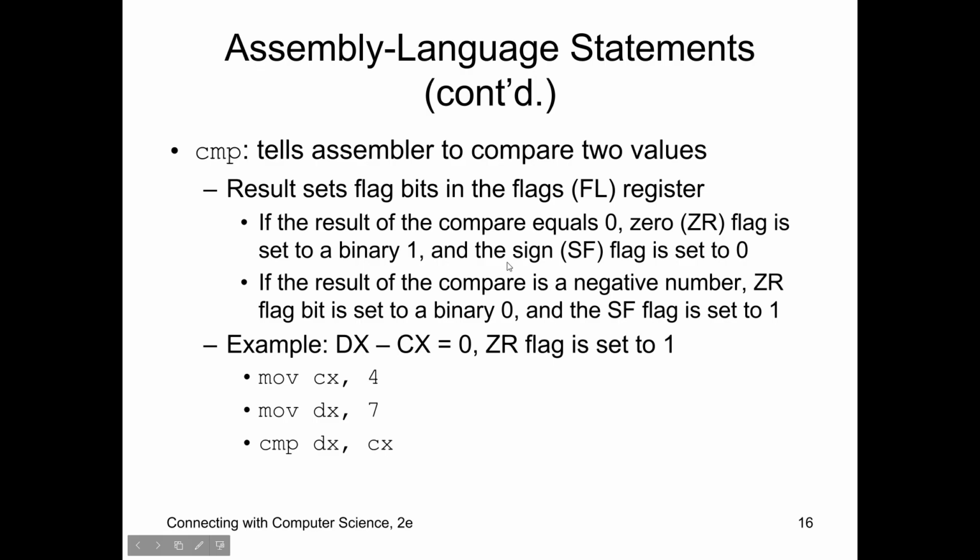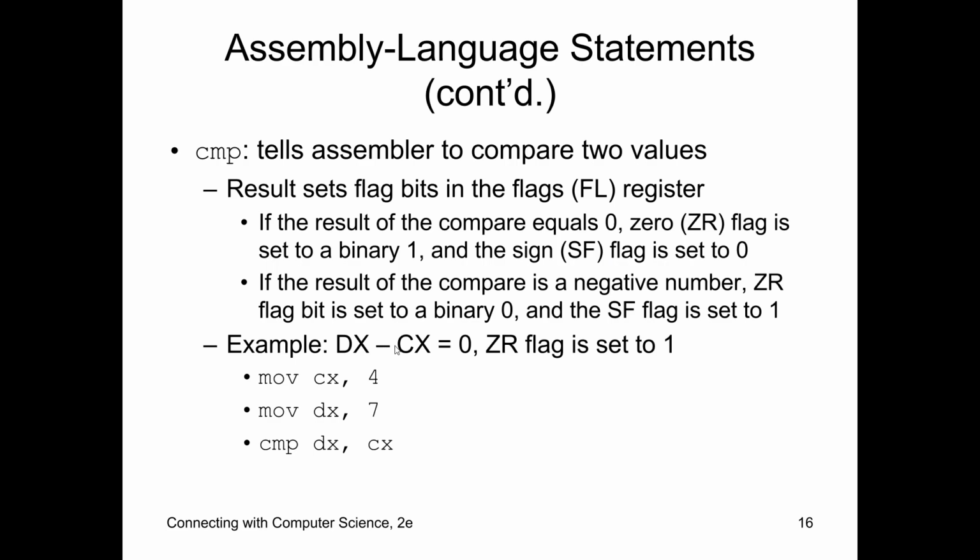So let's talk about this for a minute. We've got two flags. We've got the result flag, which is really what we're looking at here. If the compared result is 0, meaning they're the same, then we set it to 1, meaning that that's true, they're the same. Otherwise, we set it to 0, meaning that it's false, and then the SF flag gets set to 0 or 1.